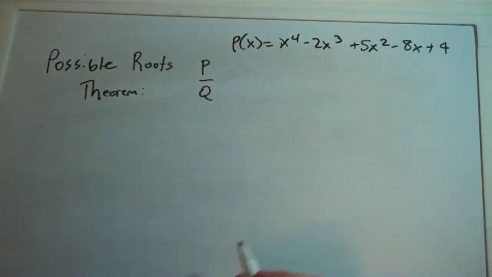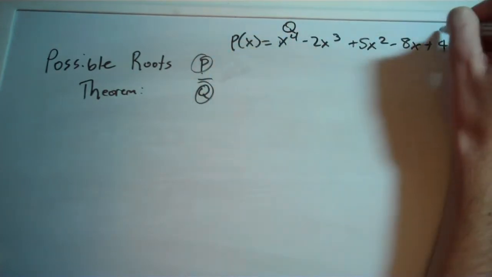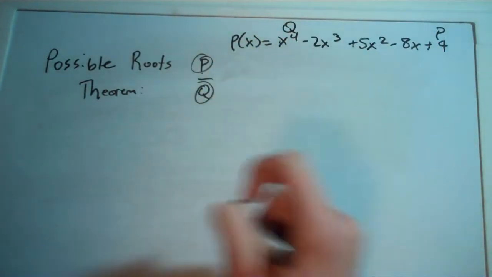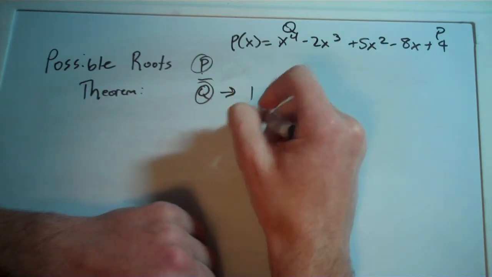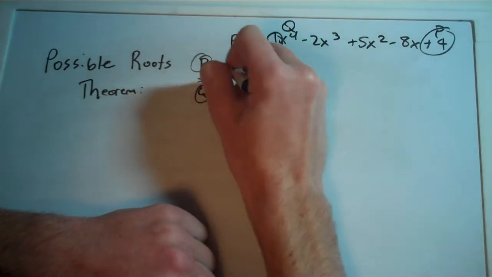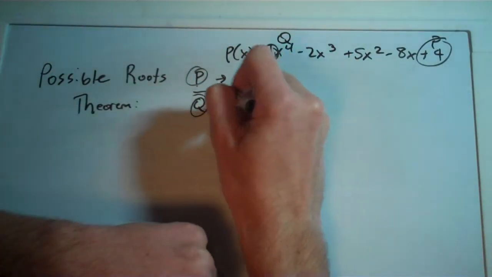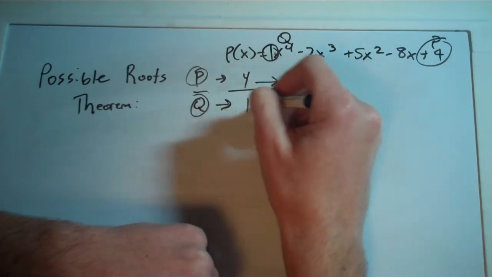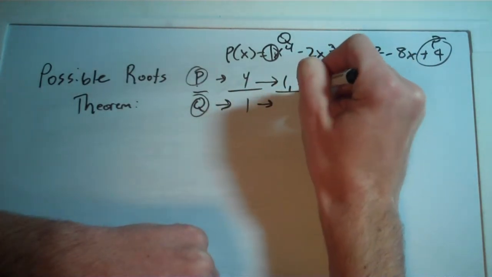So how are we going to know what's P, what's Q? This is how I remember it, it's quarter pounder. So the Q value is going to equal 1 because the leading coefficient is 1, and our P value is going to be 4. Our constant is 4. What's important about this theorem is to remember that we need to find the factors of both of these numbers. The only factor of 1 is 1. The factors of 4 are 1, 2, and 4.